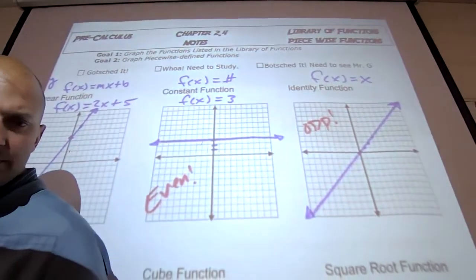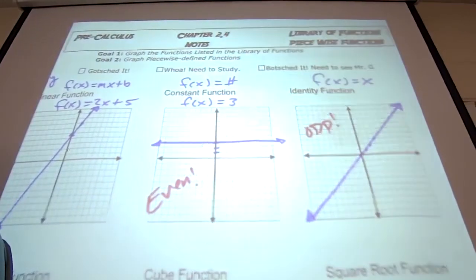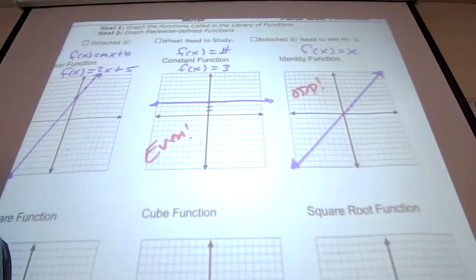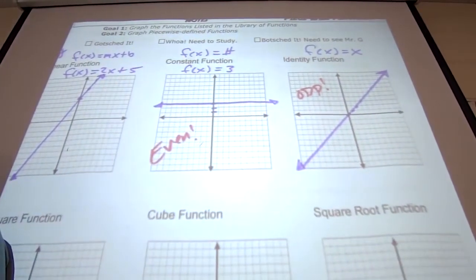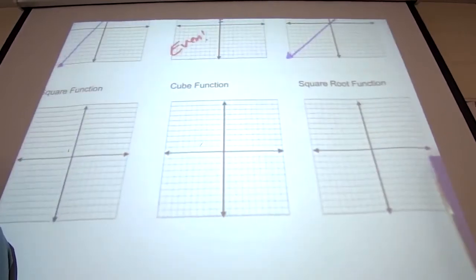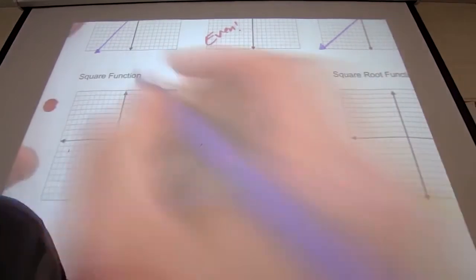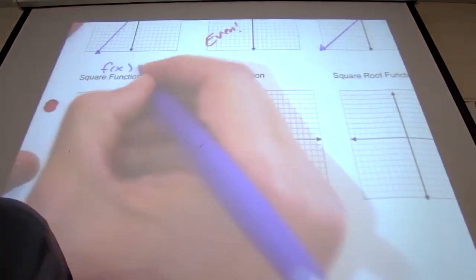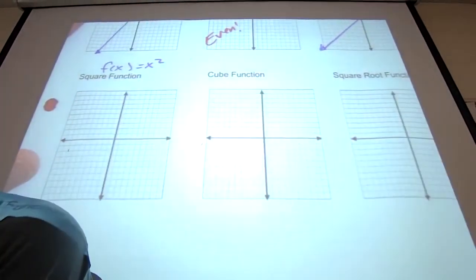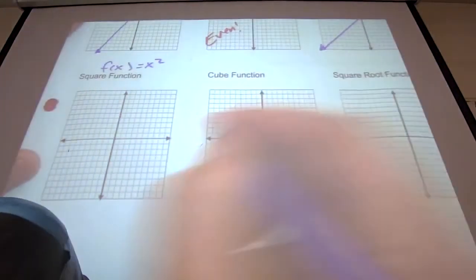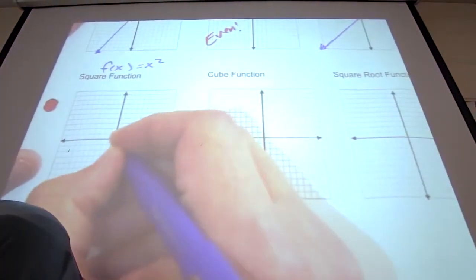So far, so good. We're working our way through the library of functions. That's our linear one. So now we start changing. The next one we got is the square function. So I have f of x equals x squared. You probably know what this is. It's a parabola.